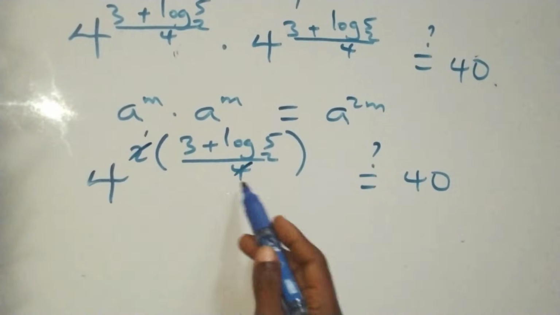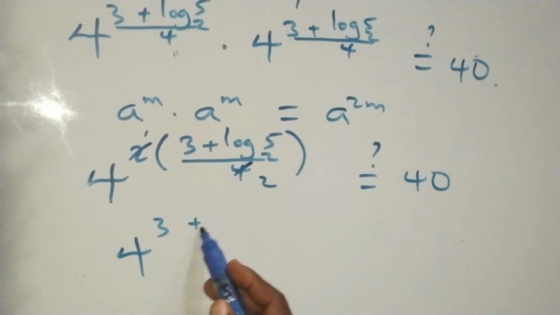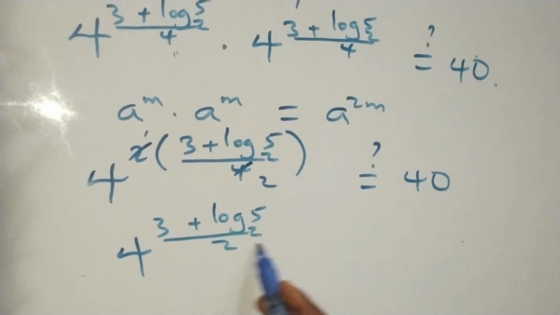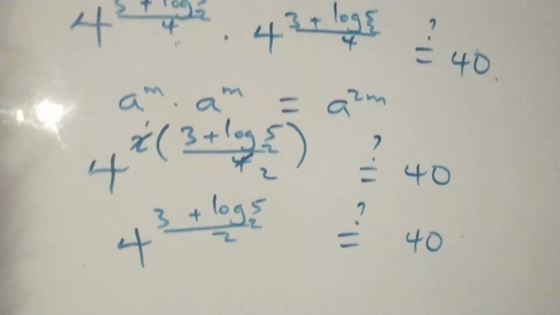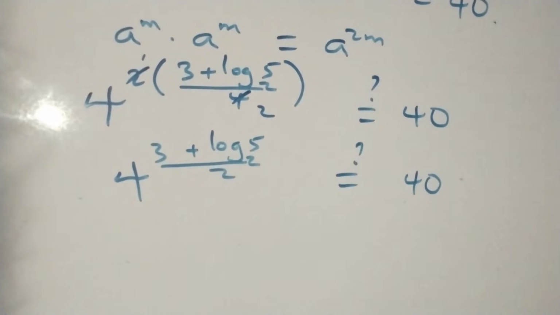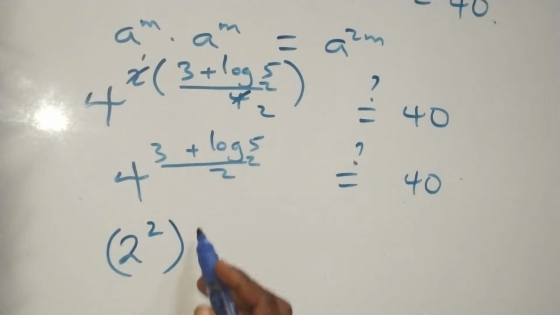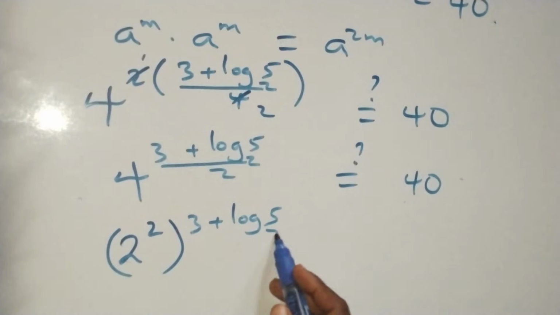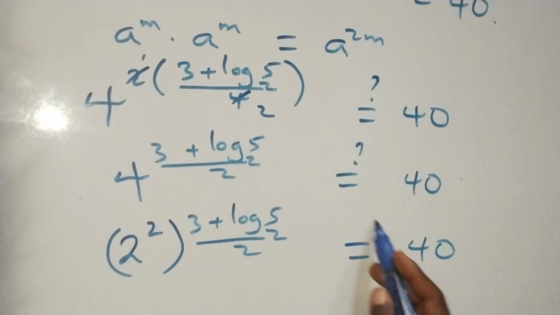We have 4 raised to power 3 plus log 5 base 2 all over 2 equals 40. Also, I write 4 as 2 squared, which is raised to power 3 plus log 5 base 2 all over 2 equals 40 on this side.